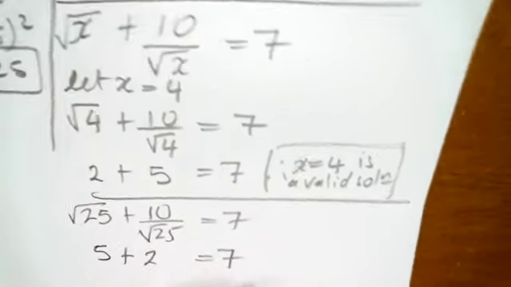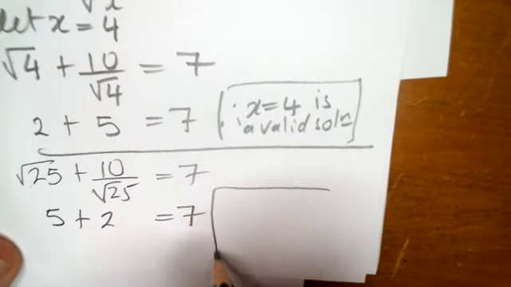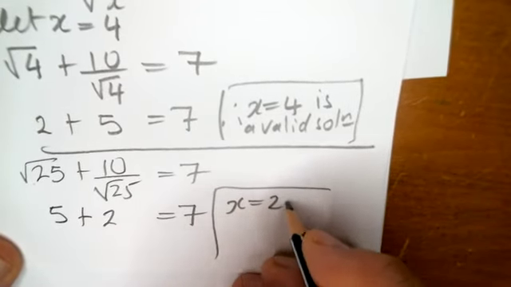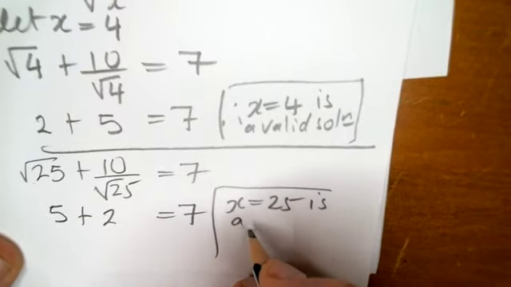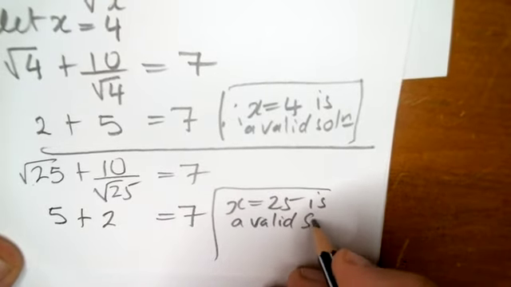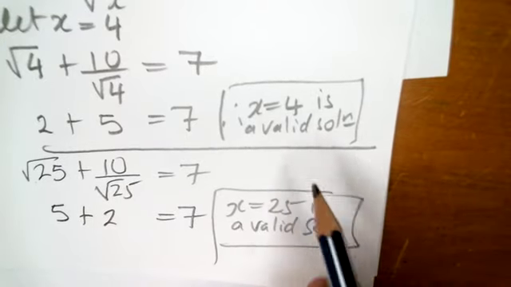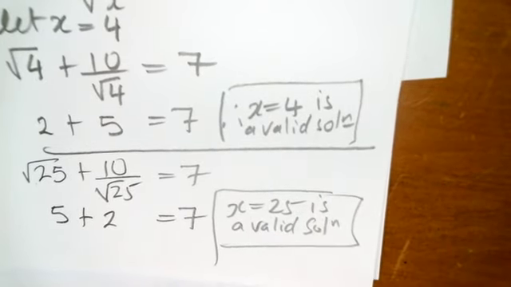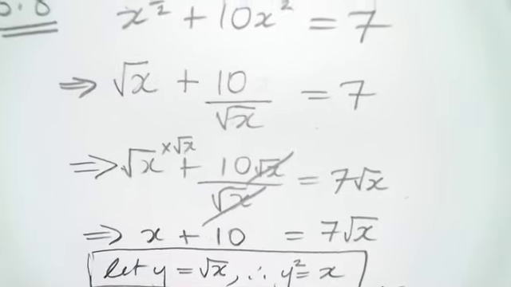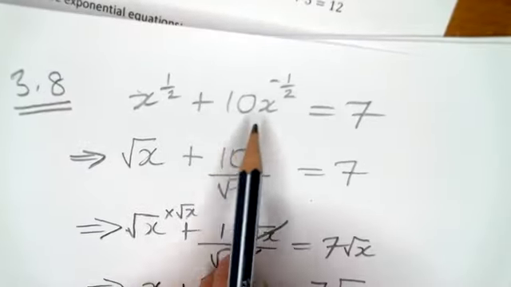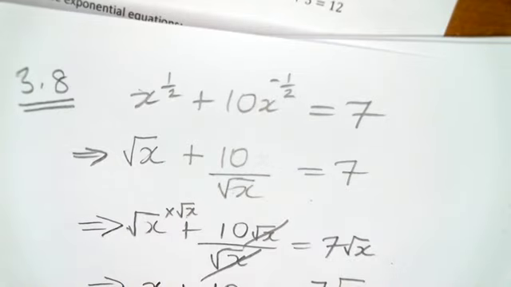So therefore, yes, it is true. That does work. So x equals 25 is a valid solution. So now we've got two valid solutions. x is 4 is true, and x is 25 works just as well. All right, so that's how we got from the original place, which was over here. Still have the negatives and things in there, but that's how I get my answer. Hope that makes sense.